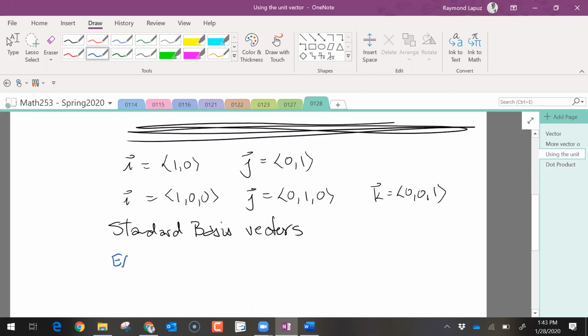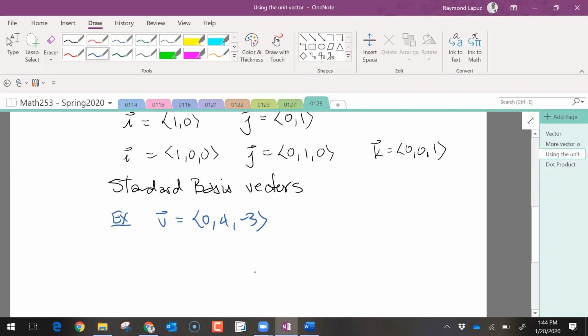So let's say your vector is 0, 4, negative 3. If you're in standard position, which means your tail is at the origin, then you can go from there to the point as if it was a point 0, 4, negative 3. And how would you get to that point?